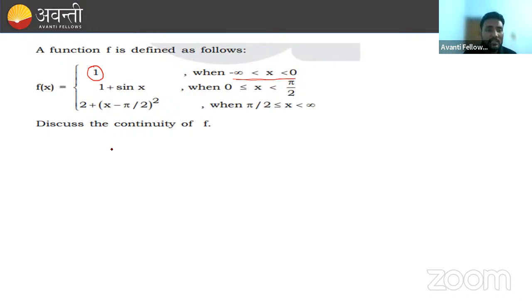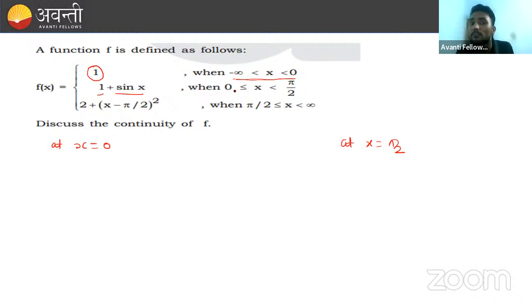So here there are 2 points: at x equals 0 we have to check, and at x equals pi by 2 we have to check. Maybe there is a chance that between 0 and pi by 2 this function is discontinuous at some point, but you can see it is 1 and sine x. Sine x is always continuous. I have told you a trigonometric function is always continuous in its domain.